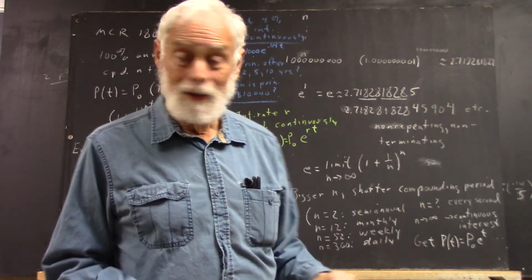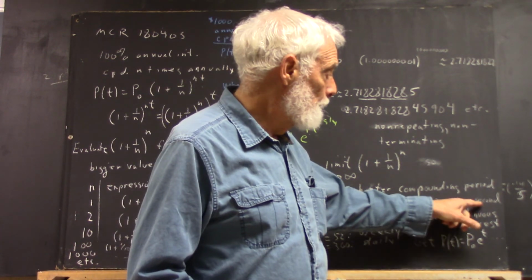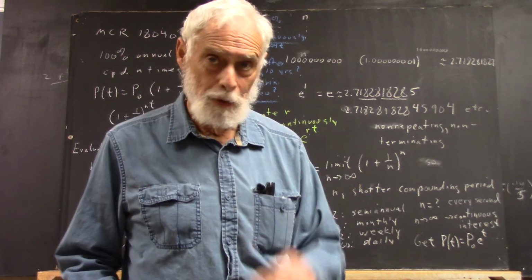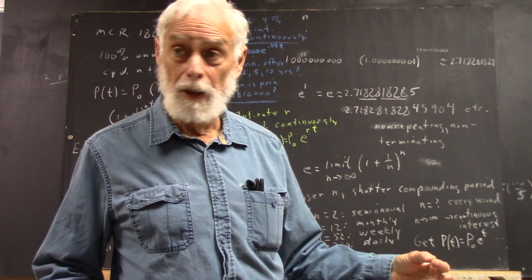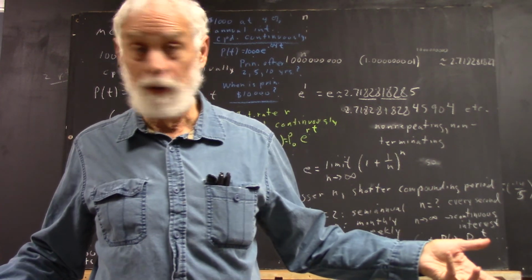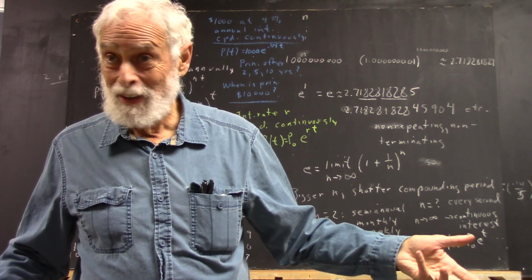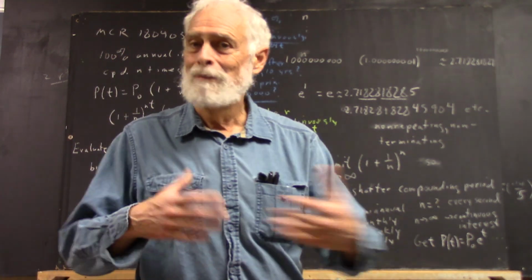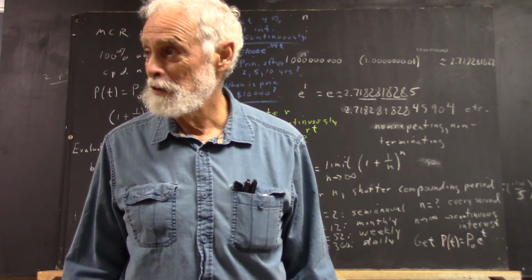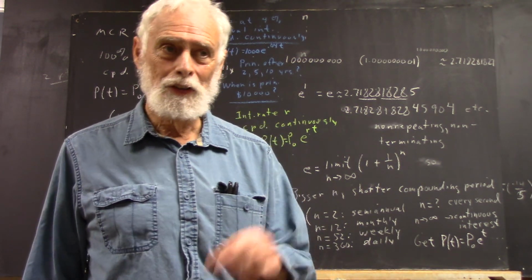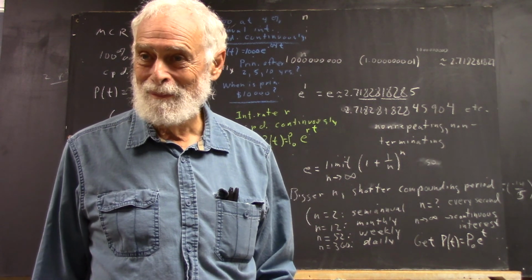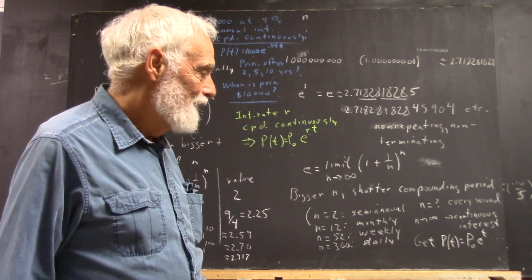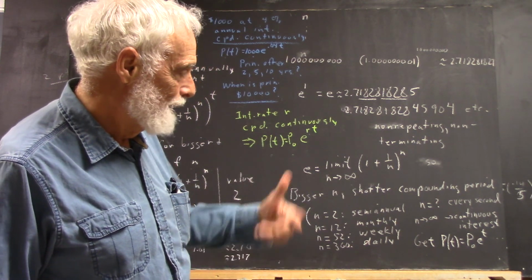As n approaches infinity, you approach continuous interest. And we have to have a way to calculate that so your bank can advertise continuous compounding and get you to invest. Continuous compounding and daily compounding don't differ by much at all, but if you say continuous, that can make it interesting.